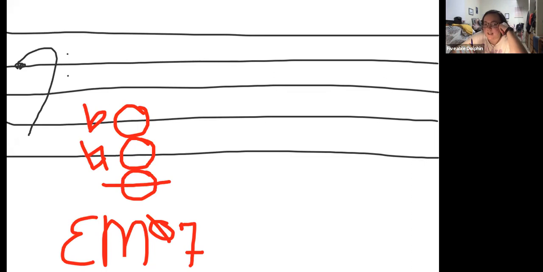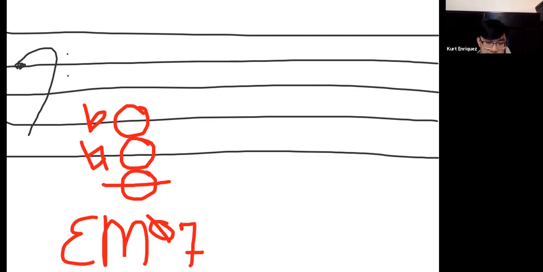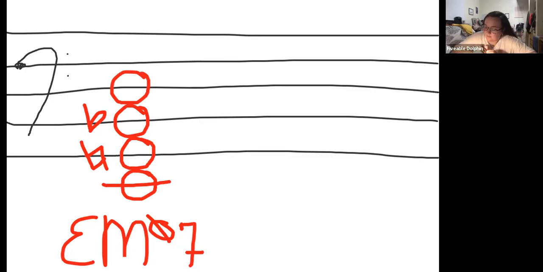Does anyone want to take a stab at what the seventh will be? It's just D natural. Yes. Perfect. And this one is not an inversion, so we are all good on that front.